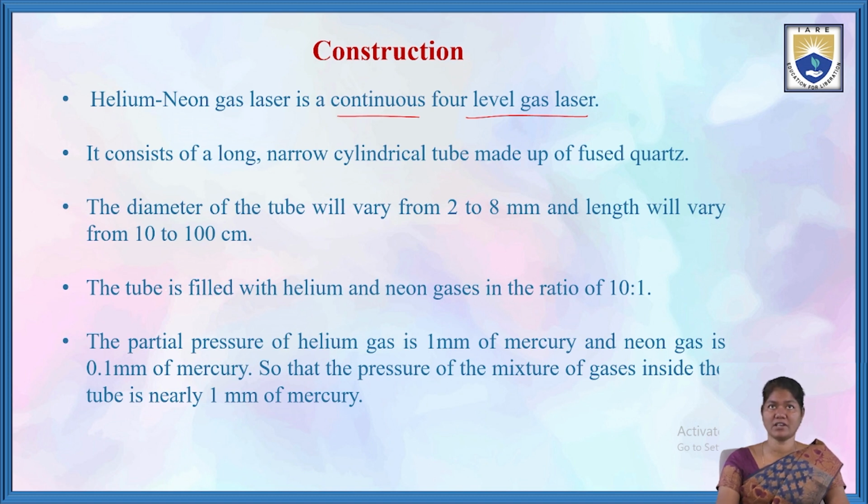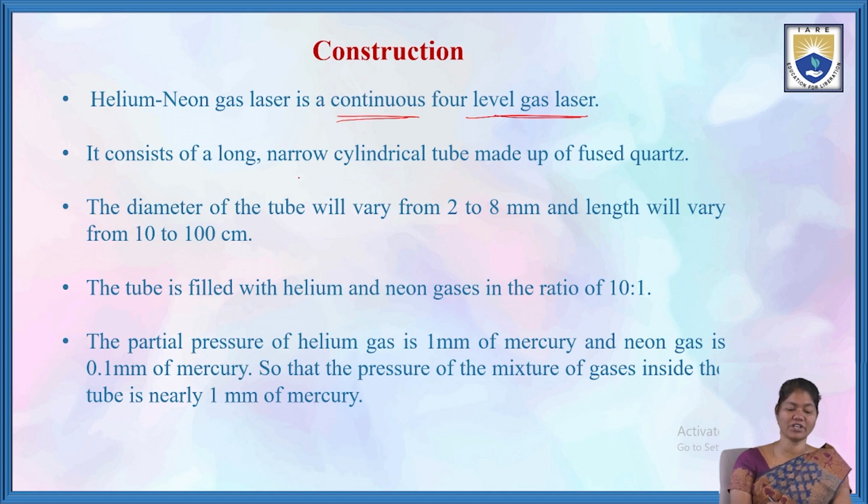One of the drawbacks is that it is a pulsed laser, but the helium neon laser is a continuous laser. The ruby laser is a three-level laser, but here it is a four-level gas laser.